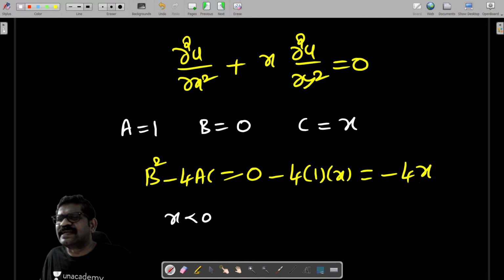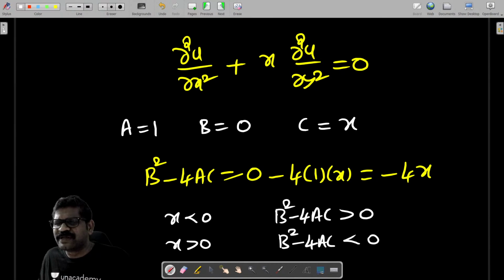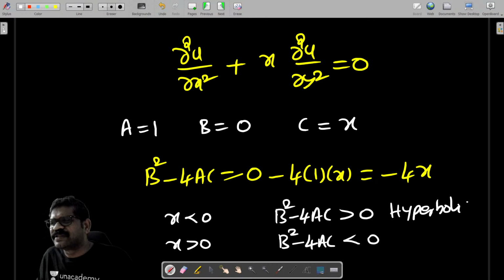If x is less than 0, then B square minus 4AC will be greater than 0, because minus 4 into a negative value gives plus. So in this case, it is hyperbolic. Suppose x is greater than 0, then B square minus 4AC is less than 0. In that case, it is elliptic.